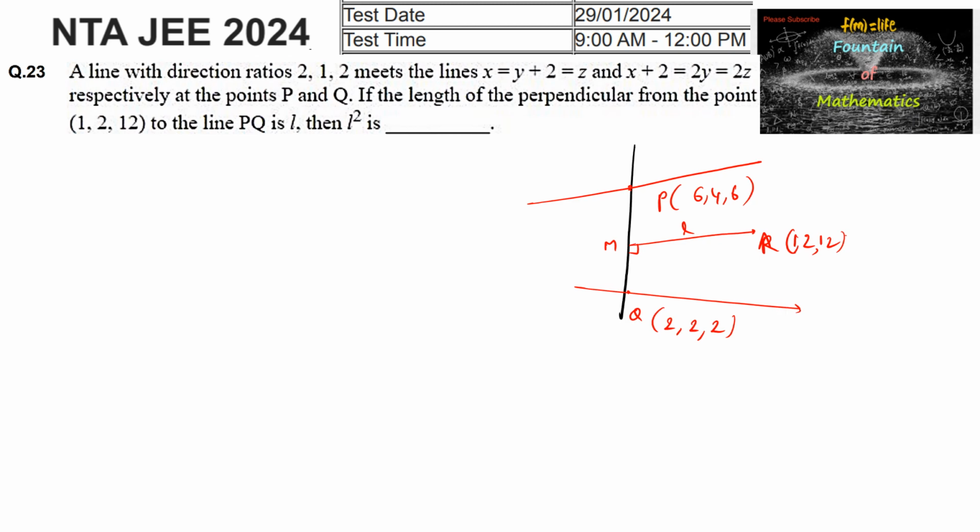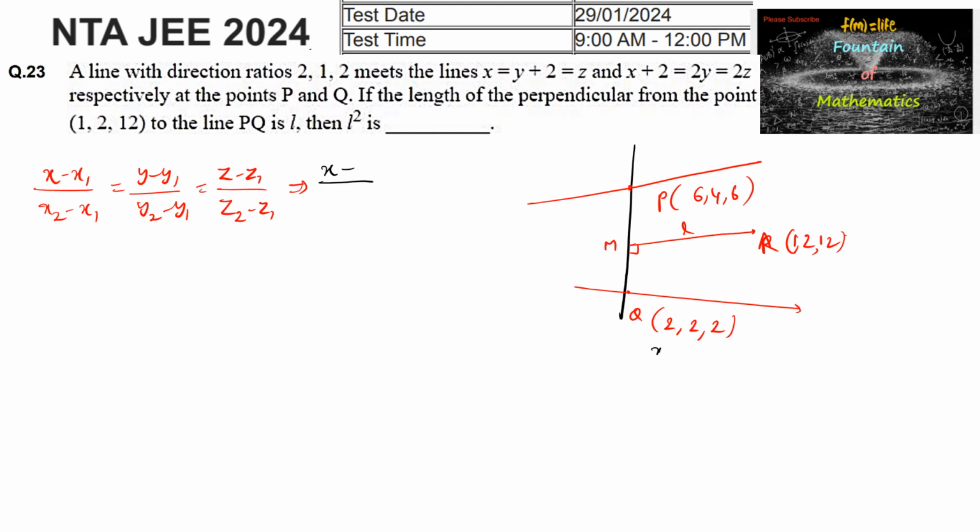Let us find the equation of PQ. Equation of a line passing through two different points can be taken as x minus x1 upon x2 minus x1 is equal to y minus y1 upon y2 minus y1 is equal to z minus z1 upon z2 minus z1. So here we can write equation of PQ line as x minus 6 upon 2 minus 6, or we can write x minus 2.